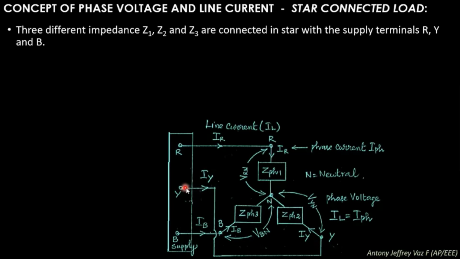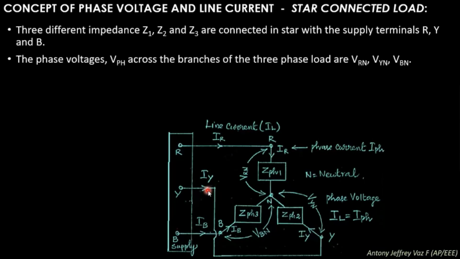Okay, on seeing these things, you can see the line current is represented as IL, and the current IR is flowing through the R terminal, the current IB is flowing through the B terminal, and the current IY is flowing through the Y terminal.